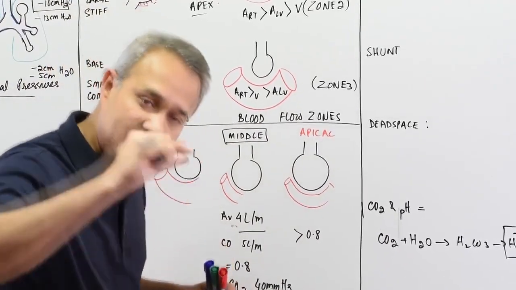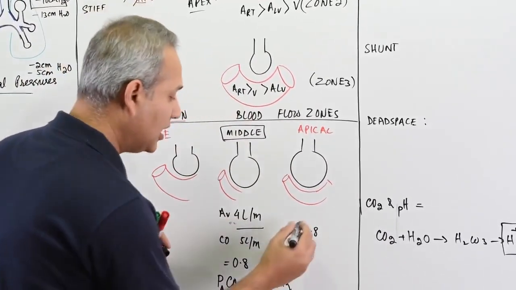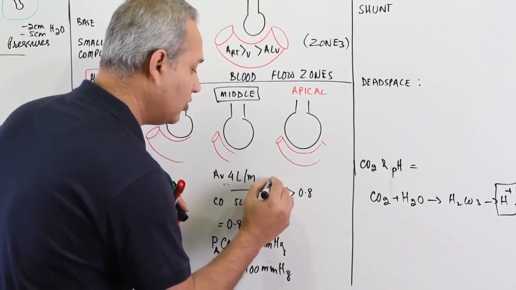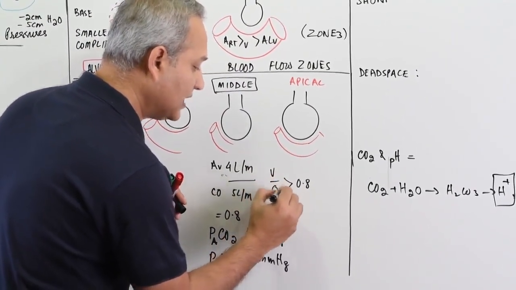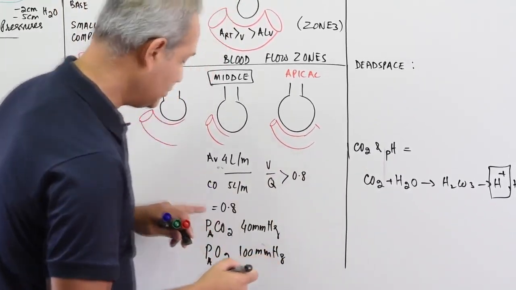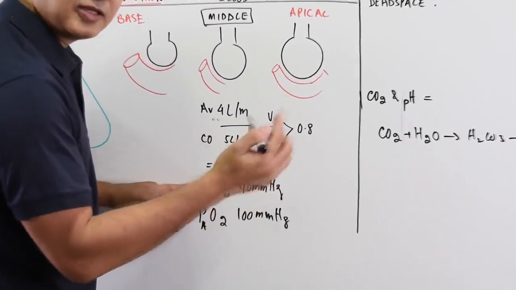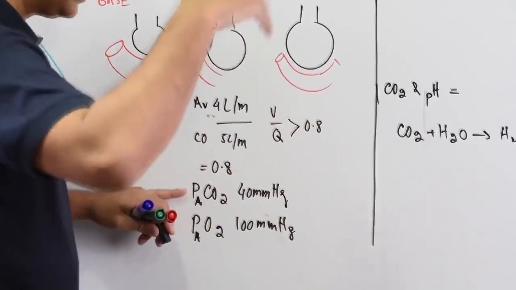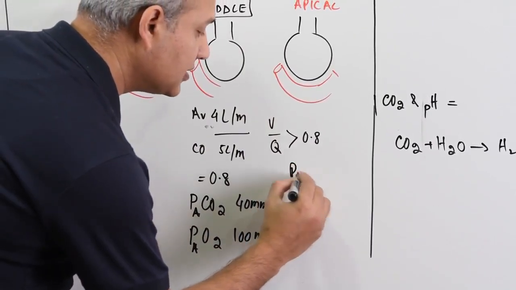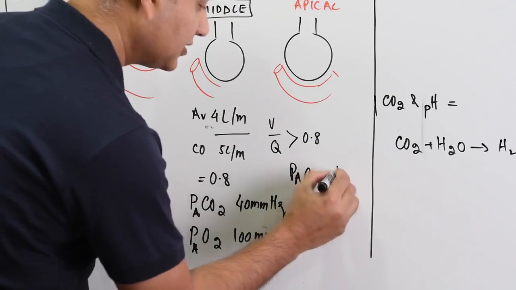This is the dead space where alveoli are connected all the way to the outside. However, the blood that is flowing to pick up the oxygen and give the carbon dioxide is less. So now the ventilation perfusion ratio, or the VQ ratio, is greater than 0.8. What would that mean? What do you think about PaCO2? When there is less blood coming in and more air coming in from outside, PaCO2 would start reducing.